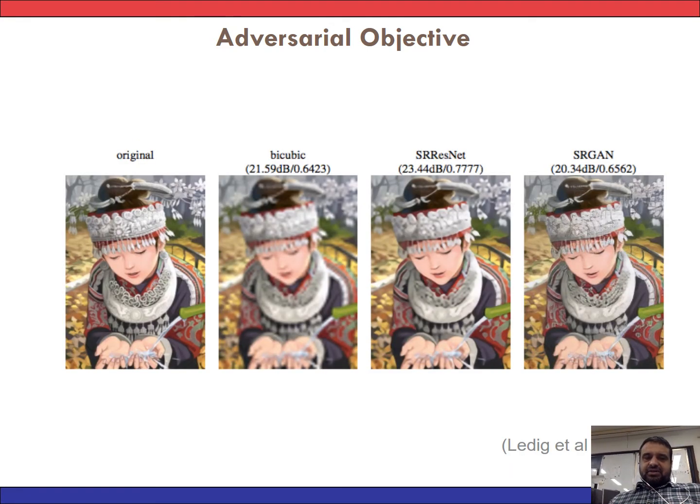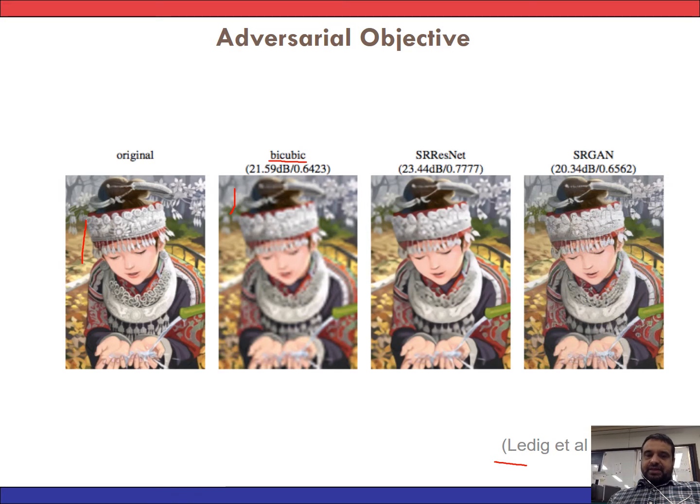This is another example where I picked this from this paper. The goal here is to upscale this image. A low resolution image is given, and different techniques are used to upscale this image. This is the original image, and we downsample this image first, and then use different techniques to upscale this image again. This is the bicubic interpolation, and this is the final output using bicubic interpolation.